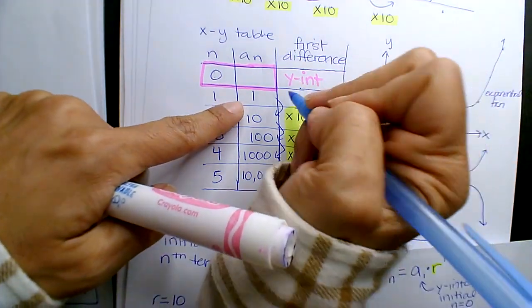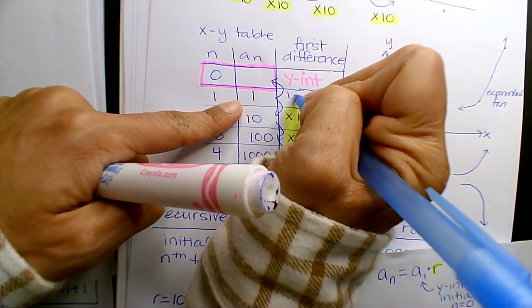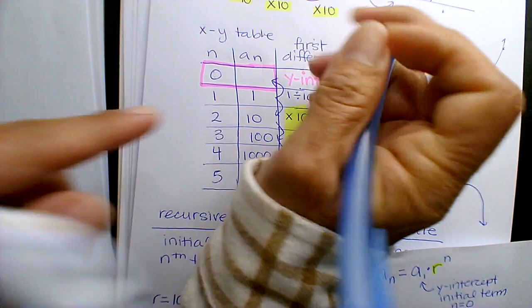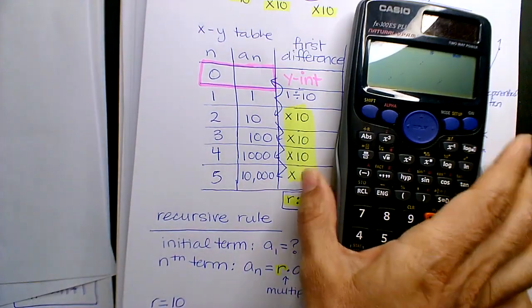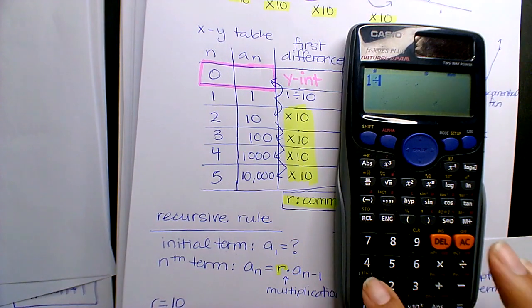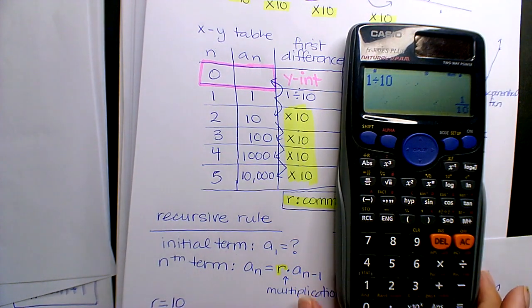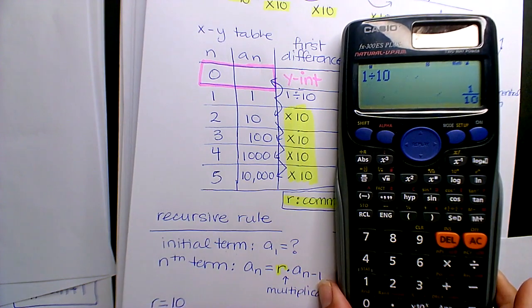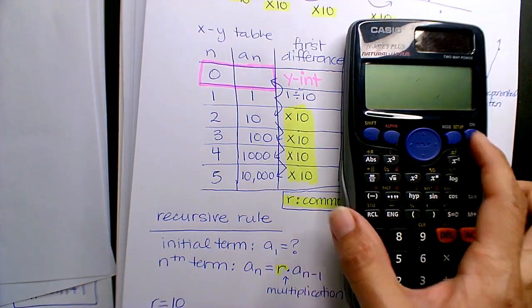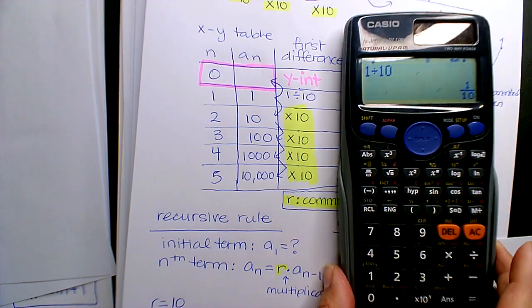If I want to go backwards, what is 1 divided by 10? Yeah, 1 divided by 10 is 1/10. So you inverse operate.